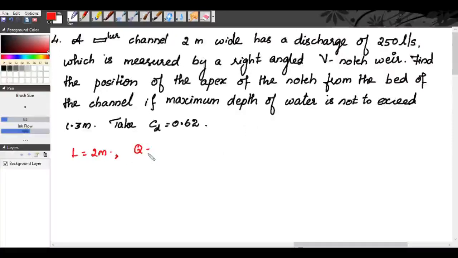So Q is equal to 250 liters per second. So that is equal to 0.25 meter cube per second, which is measured by a right angled V-notch weir. So triangular weir, right? Right angled V-notch weir. Triangular weir. Find the position of the apex of the notch from the bed of the channel.